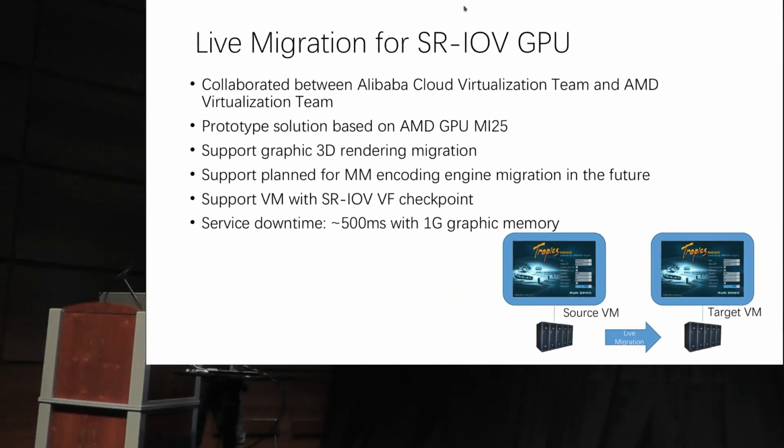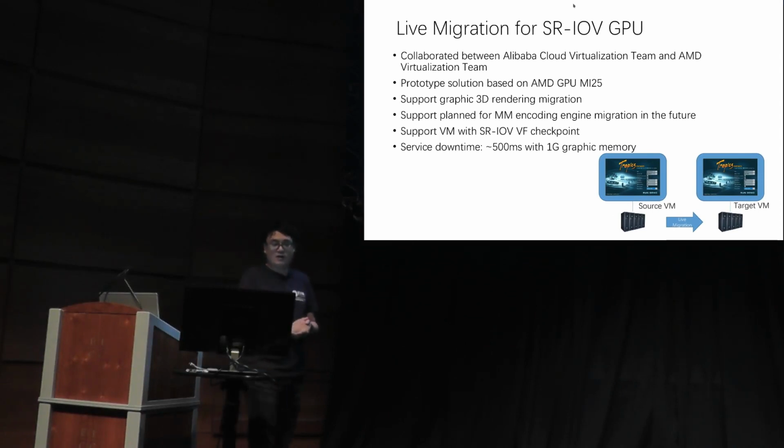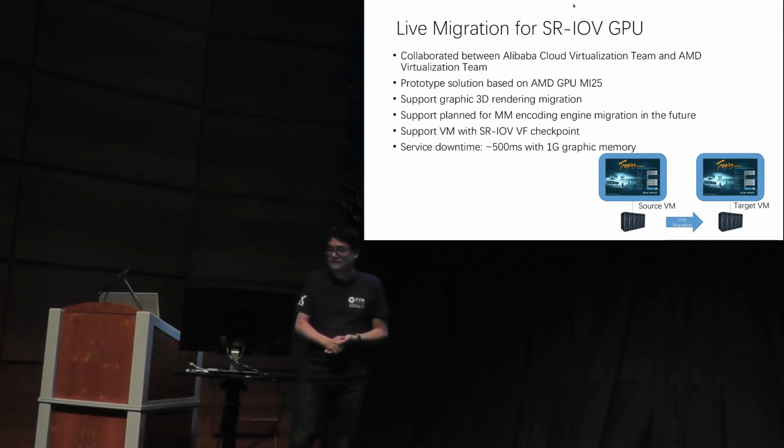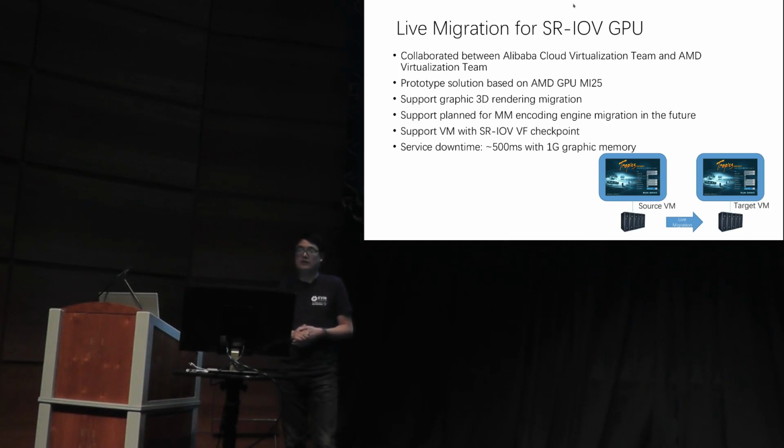The current status of our project. First of all, this is a collaboration between the Alibaba Cloud Virtualization team and the AMD Virtualization team. And actually, this is still a product solution. It is based on the MI25 AMD GPU.